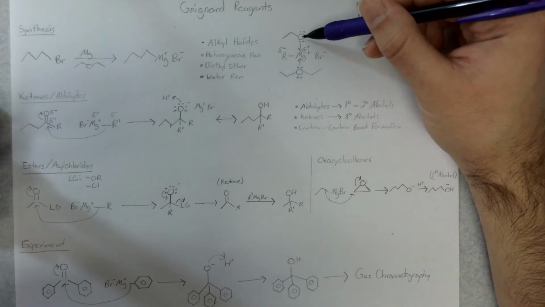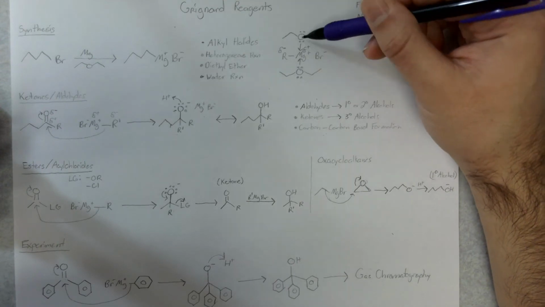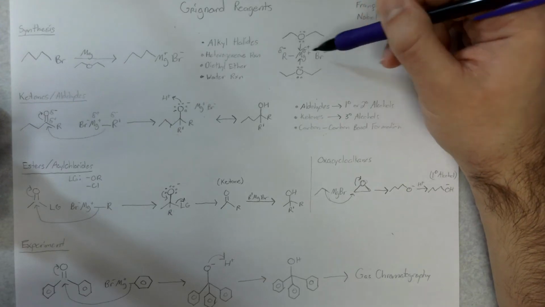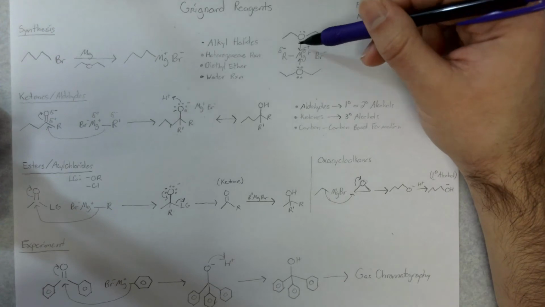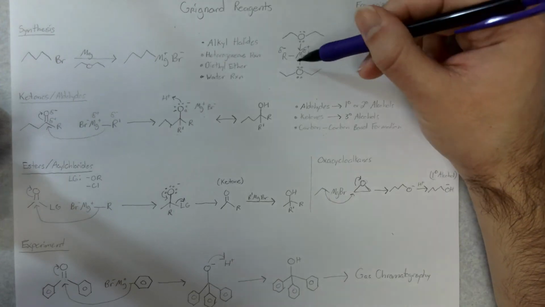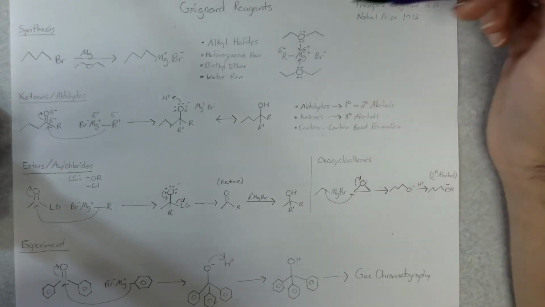So the electrons in the diethyl ether are able to coordinate and sort of donate their electrons to magnesium and stabilize it, filling its octet, which is very, very stable. So this is sort of what drives the reaction. The reaction is trying to get to a very stable state.